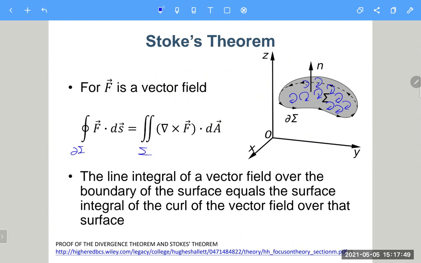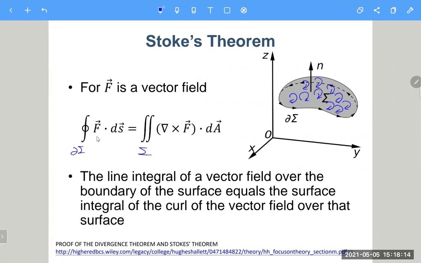So you calculate all the curl and then you try to track all this curl over the surface. You will see for this one and this one, if it is rotating clockwise, this one will point to the right, this will point to the left. So in between they will cancel.